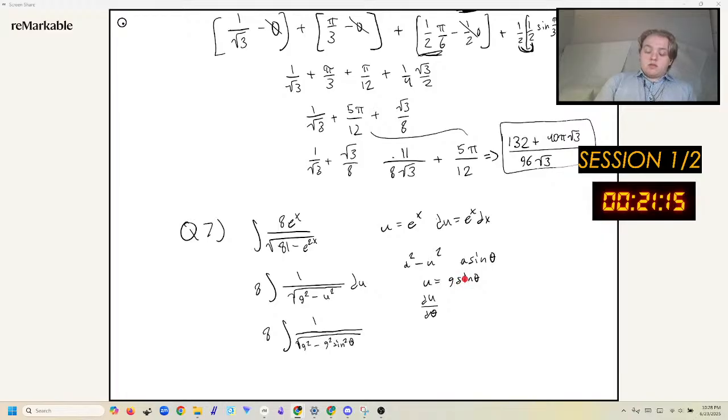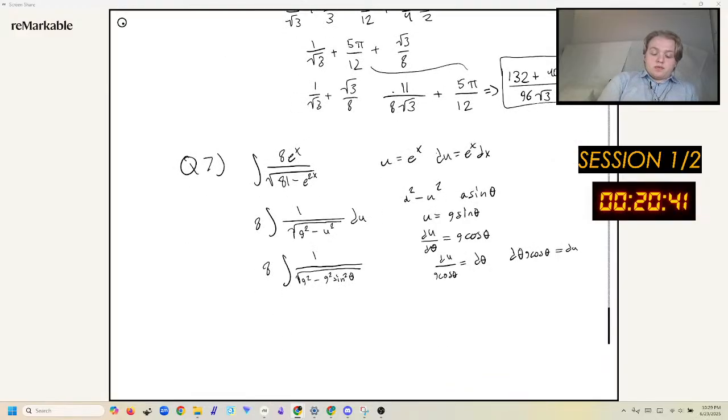So du d theta, the derivative of sine theta is cosine theta. So we're just going to be looking at 9 cosine theta. So du over 9 cosine theta equals d theta. But we have a du in there, so really what we want is d theta times 9 cosine theta equals du.